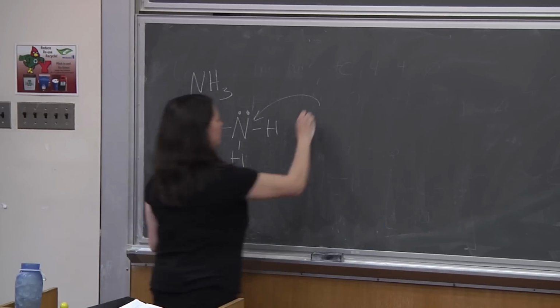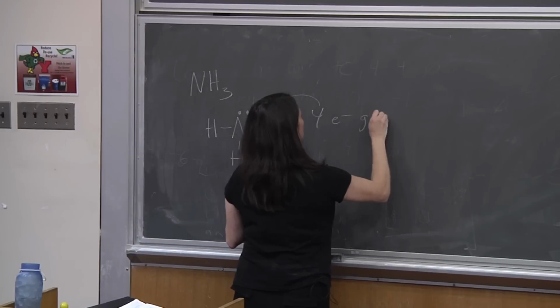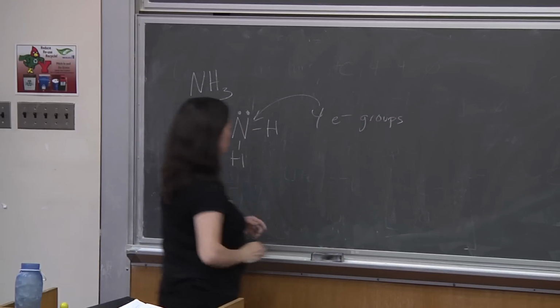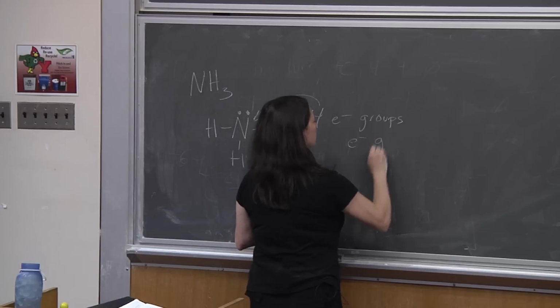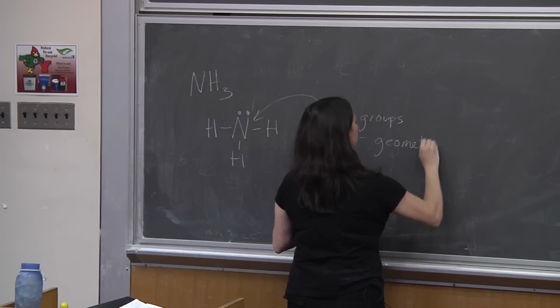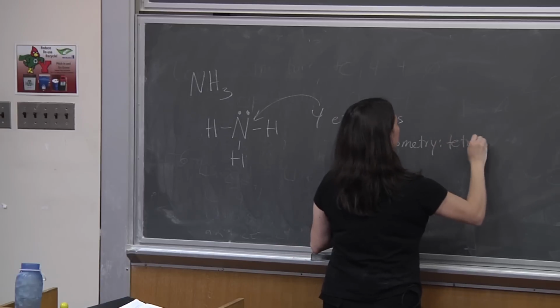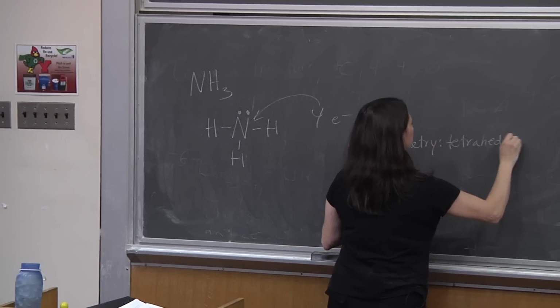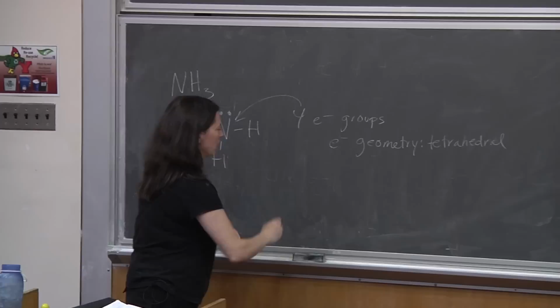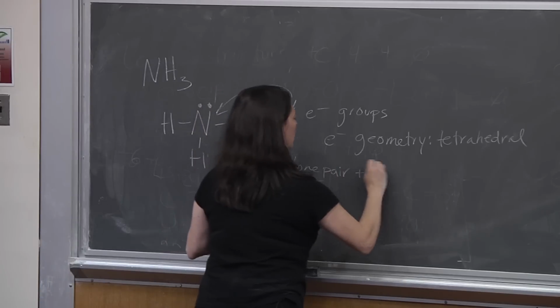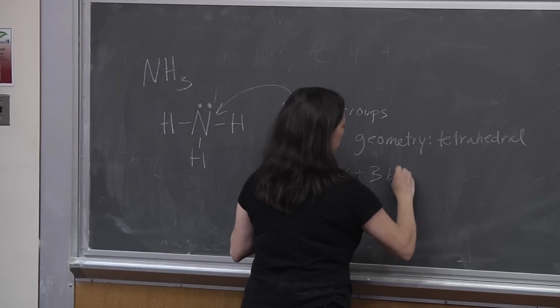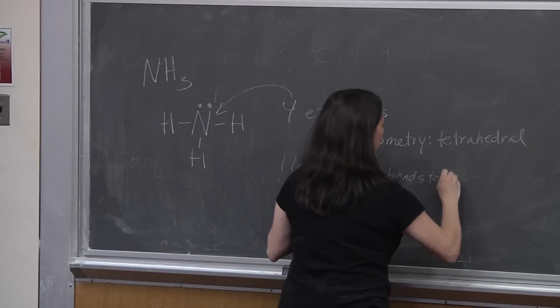It's still 4. 4 electron groups, so that means the electron geometry is still tetrahedral. But in this case, the 4 electron groups are actually 1 lone pair plus 3 bonds to atoms.